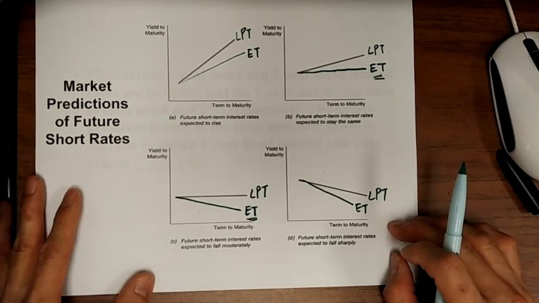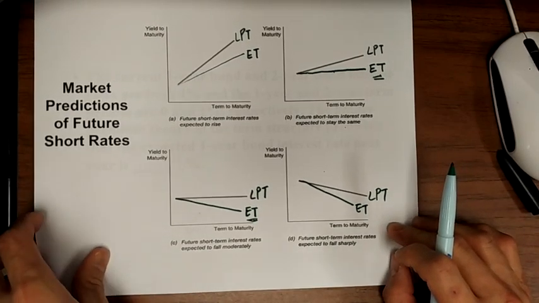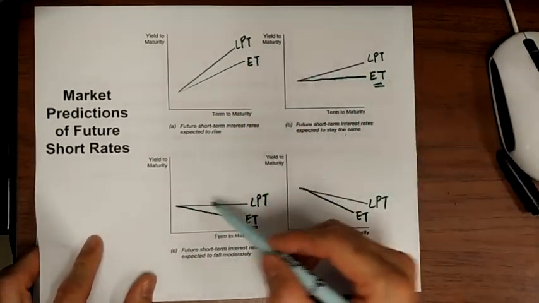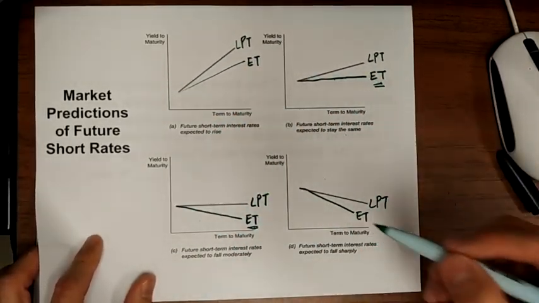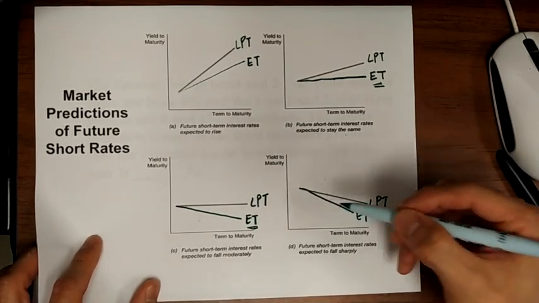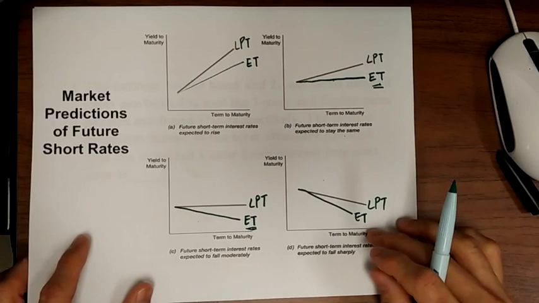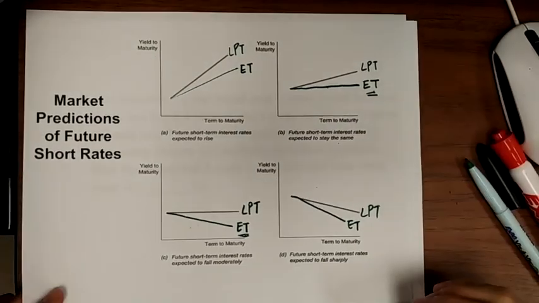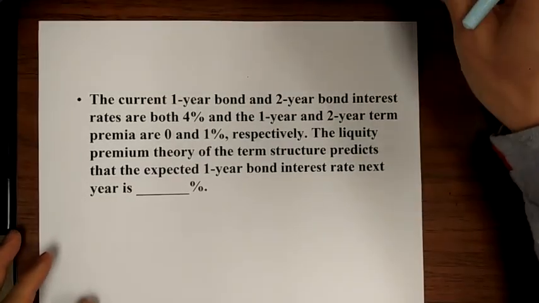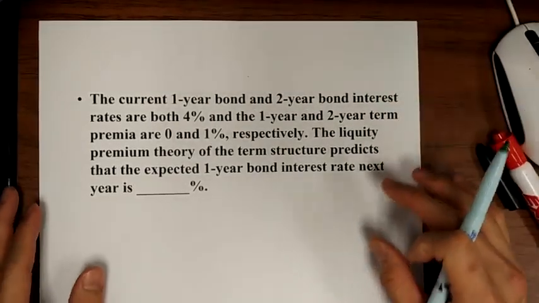That's how you can derive people's expectation from the observation of the yield curve. And that is why the yield curve is very important in the financial market and in the macro economy. Now, let me go over two more examples to show what I mean here.